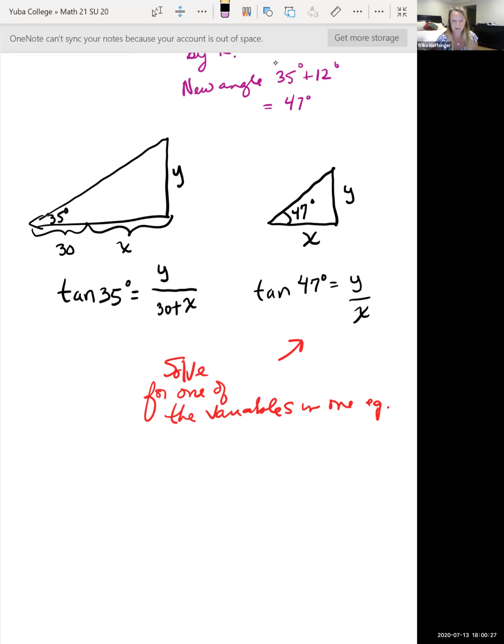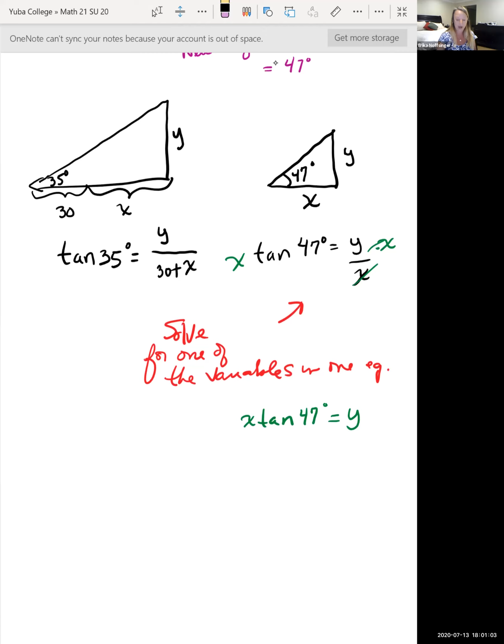Okay, so if I wanted to get X by itself, I would clear my fraction first by multiplying both sides by X. Once I've done that, we get X times tan of 47 degrees is equal to Y. Okay, well that's Y, and I could go back in here and plug that in for Y and solve for X. But again, I'm trying to get what X is, so it will be easier if I just rewrite this.